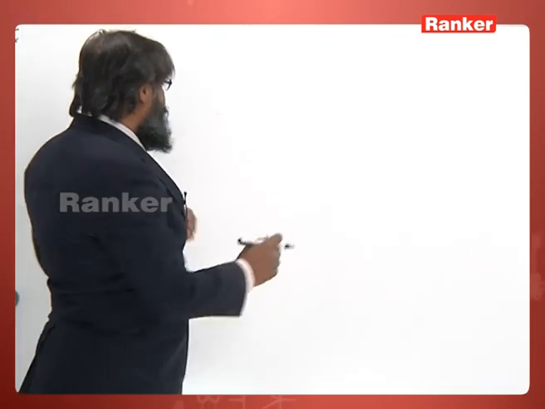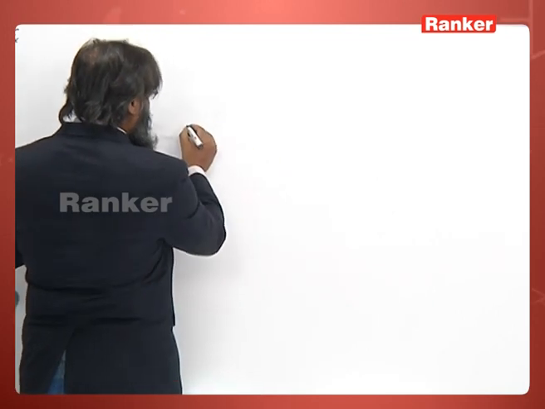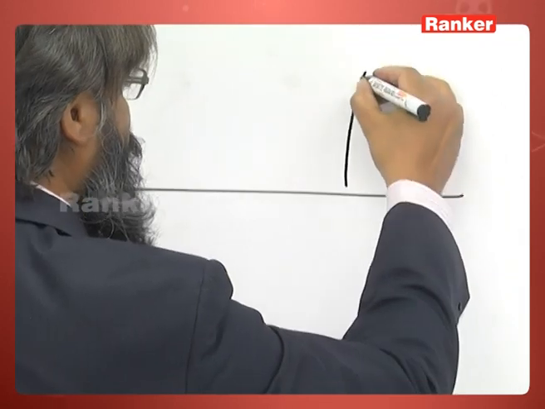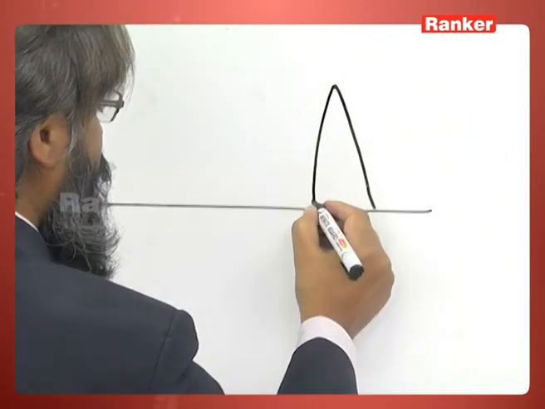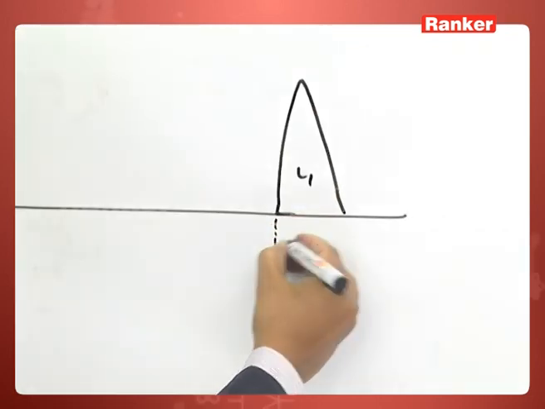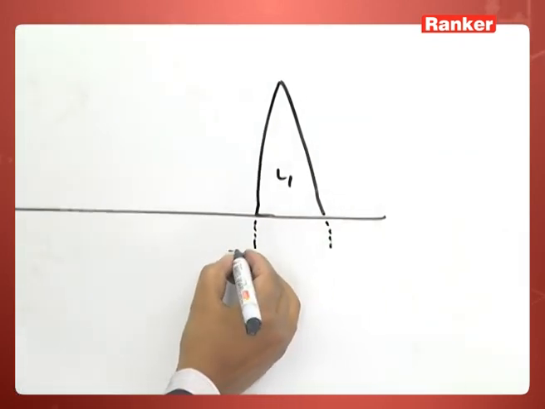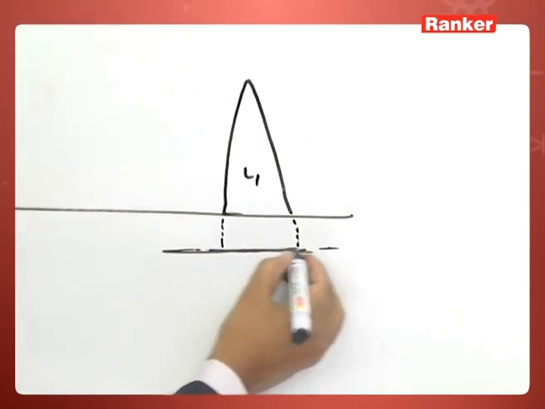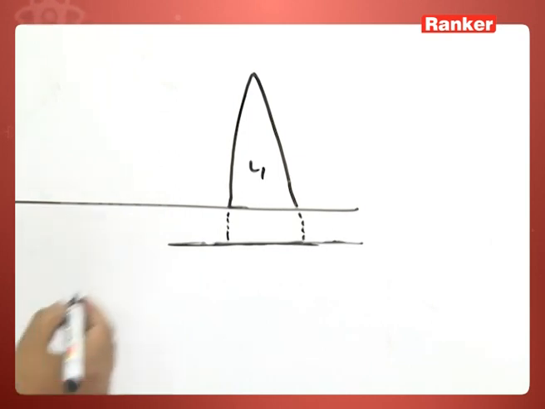Now, let us see by geometrical optics where the image is formed. This is L1, the portion above. You see, this is the actual optic axis of this, which is at a distance of D by 2.